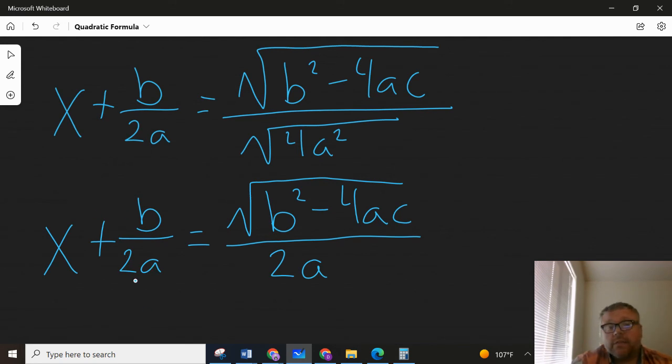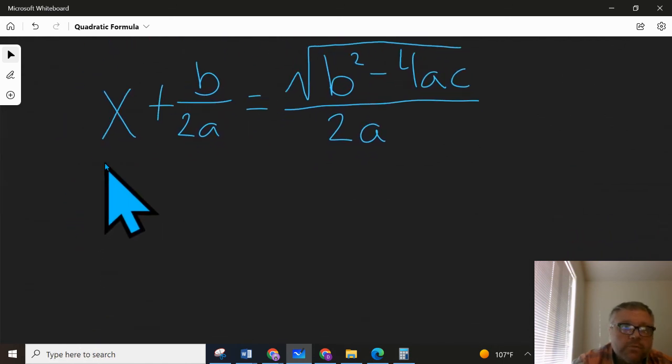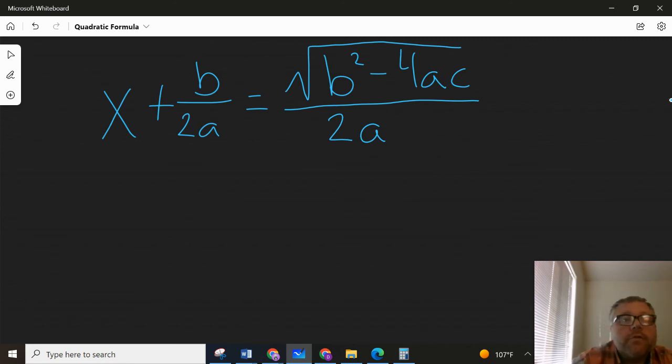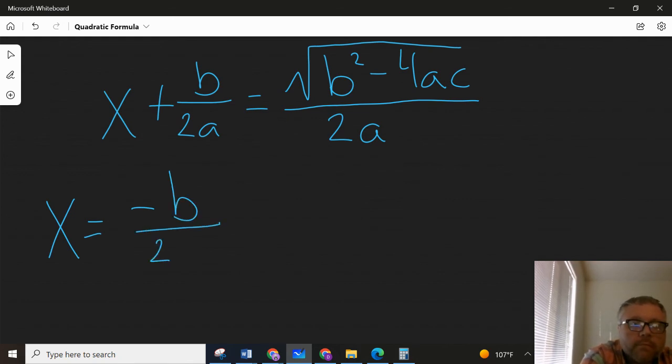Once we subtract b over 2a from both sides and then put the two fractions together, we'll have it. So I'm going to subtract b over 2a from both sides. So x equals negative b over 2a, plus or minus, because we did take the square root.